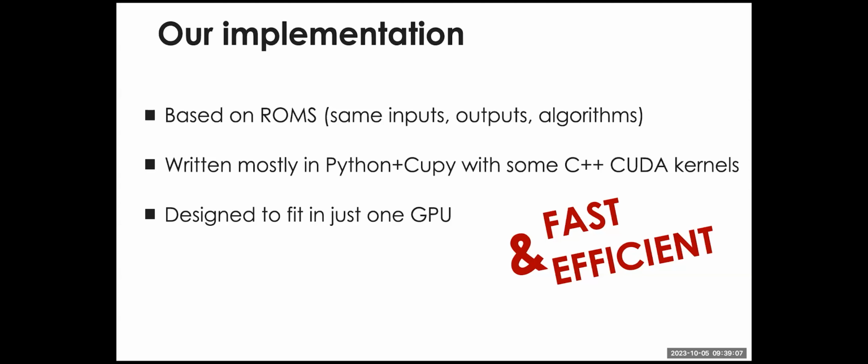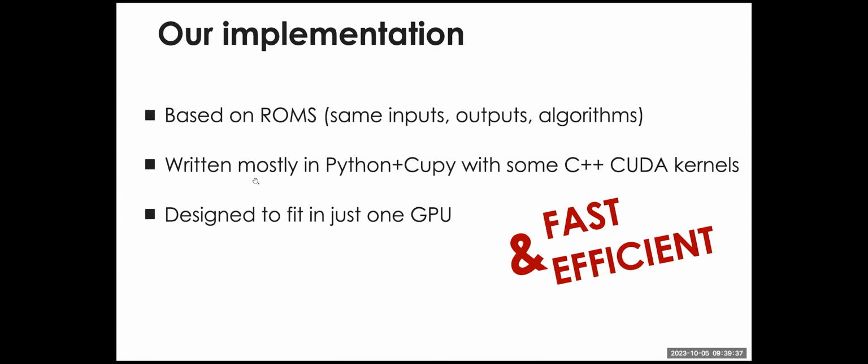So we are trying to solve all these problems by making a new version of this numerical model, ROMS, and we will base our program on it. And basing it means we will have the same inputs, produce the same outputs, and we are using the same algorithm. So we are not inventing new things. We just want to have something that we can substitute for the old one, but that can be potentially much faster.